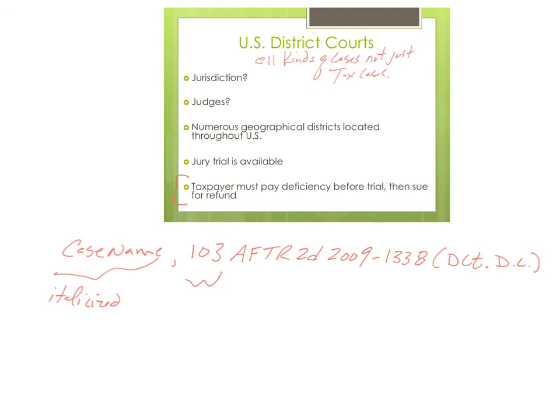So this 103 right here is the volume number. This AFTR is American Federal Tax Reporter. It's the name of what used to be a big set of volumes. Now everything is located electronically, of course.